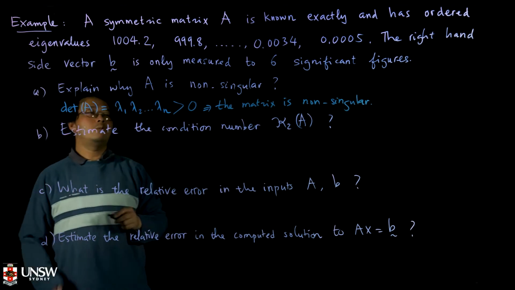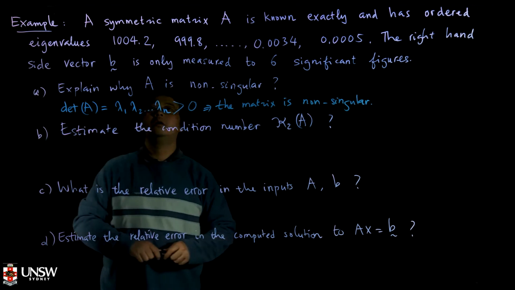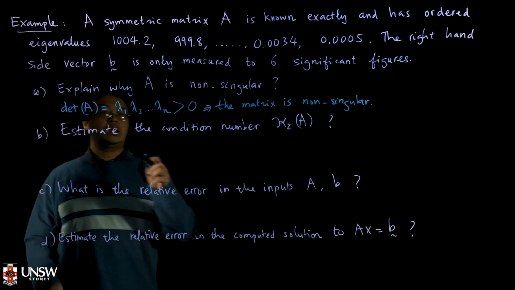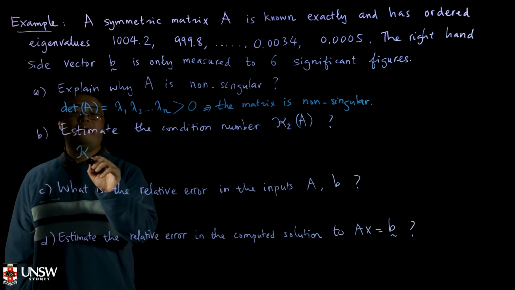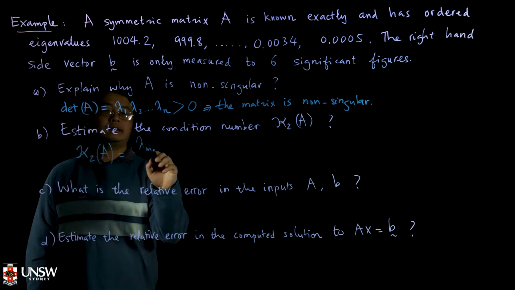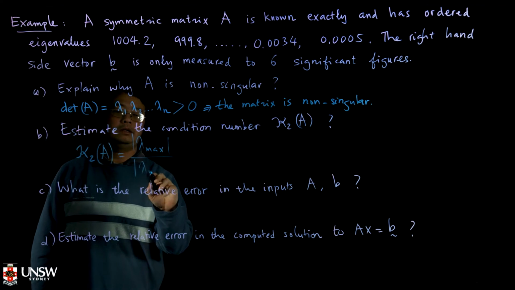And so now, what is the condition number of the matrix A in the two norm? Well, because the matrix is symmetric, the condition number in the two norm is just the absolute value of lambda max over the absolute value of lambda min.